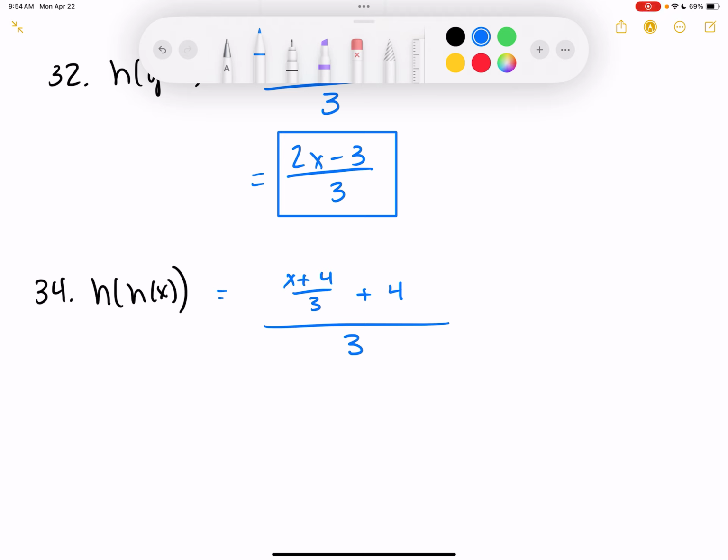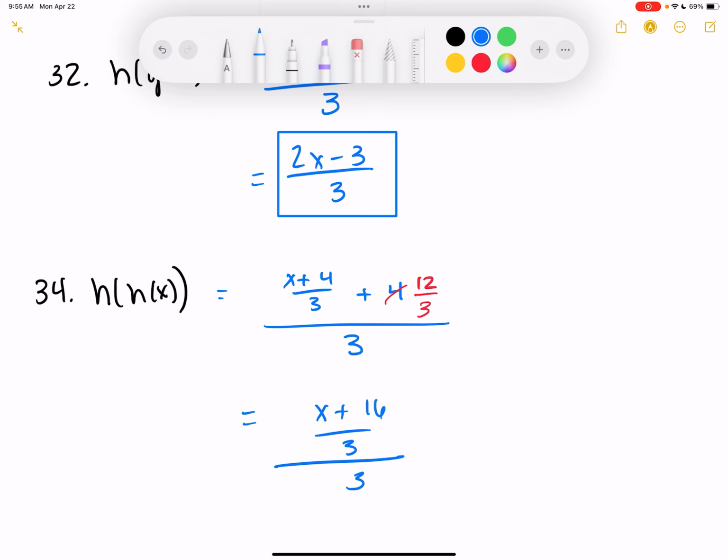Are you moving this, or are you trying to get a common denominator? Get a common denominator. So if I change this to something over 3, I need this to be equivalent to 4. So yeah, 12 over 3. So now I can add the stuff on the top, so that's going to give me x plus 16 over 3, all over 3.